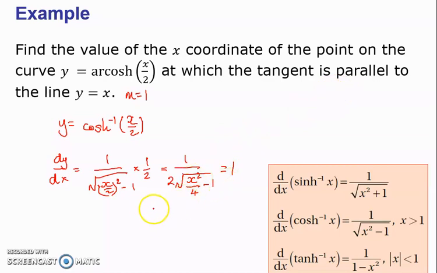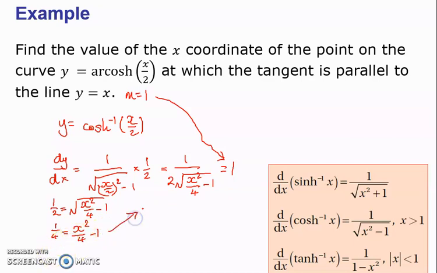So I can now write, and this is where that 1 comes from, if I move that onto the other side, well, I'm going to leave the 2 down now. I'm going to get a half equals the square root of x squared over 4 minus 1. I'll move the square root over to the side. Square of a half is a quarter equals x squared over 4 minus 1.